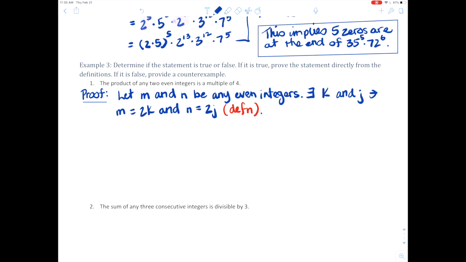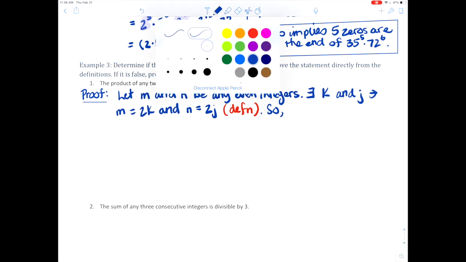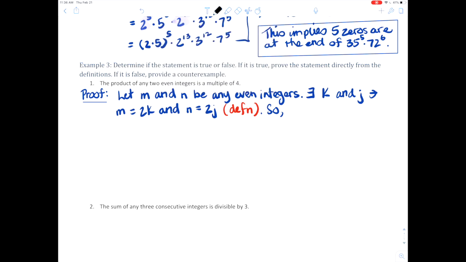Okay, so let's see what that leaves us with. I need to multiply them, right? So the kind of evil plan here, right? So if we think of our evil plan, multiple of 4, what does that mean?